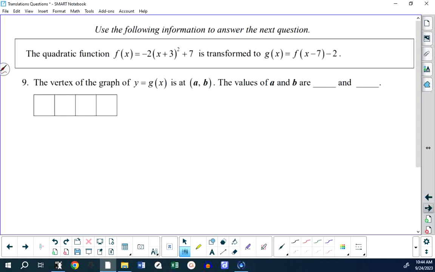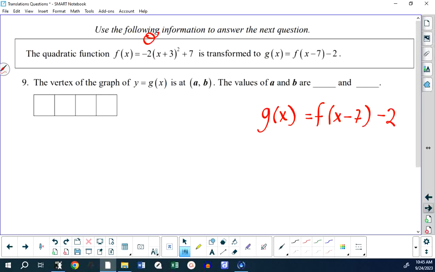Question 9 is one that I think if you start to approach it algebraically, you create a lot more work for yourself. The bottom line is we have an original function, O for original, and it's transformed to this function, g of x equals f of x minus 7 minus 2.